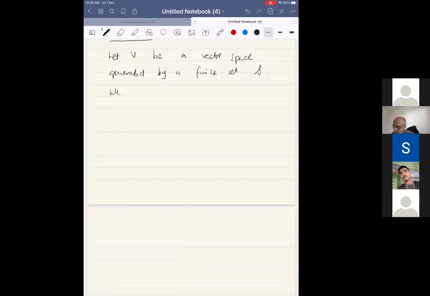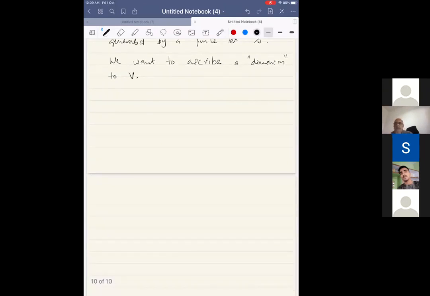We want to ascribe, that means give, a dimension to V. Now there are at least two ways of doing this. One is to invoke a basic result from matrix theory, which is the way Artin does this, and which is what we will follow.